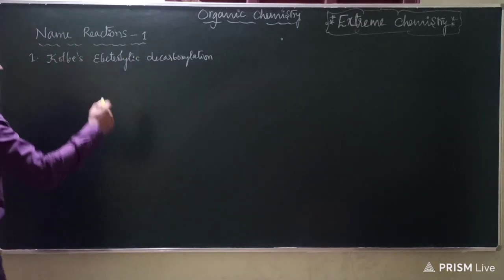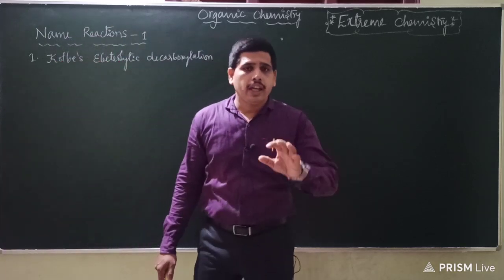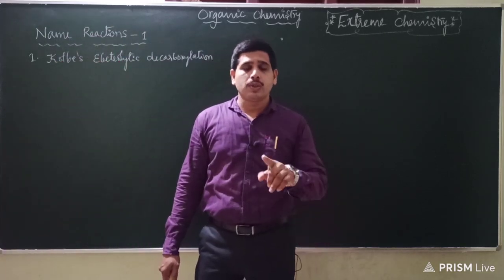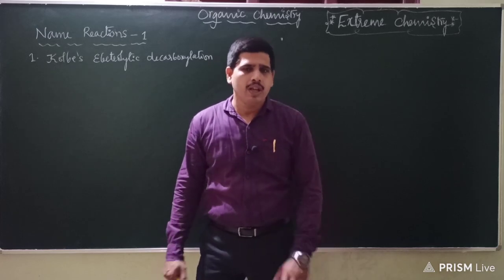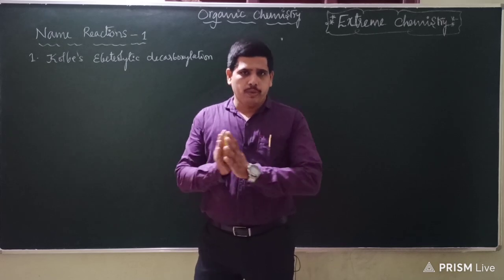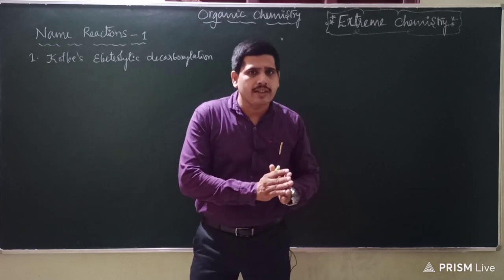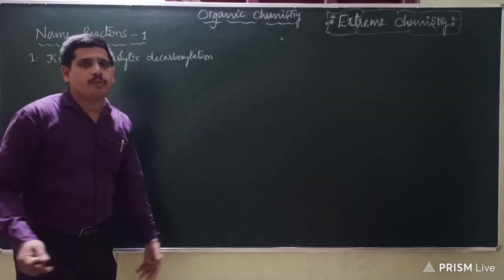In order to carry out this method, the reactant we must take is an aqueous solution of the sodium salt of a carboxylic acid. What is the carboxylic acid group? The COOH group. So you take a COOH group compound, in its salt form. How to prepare a salt?